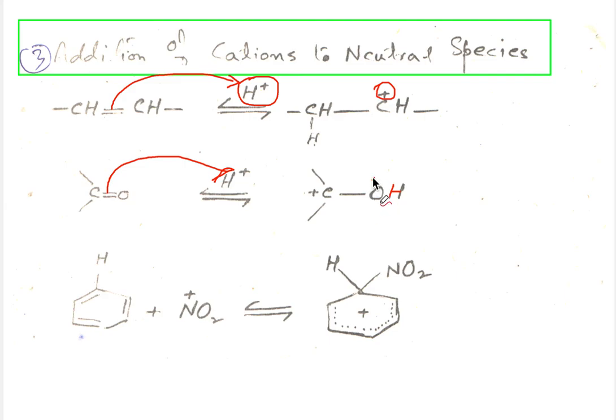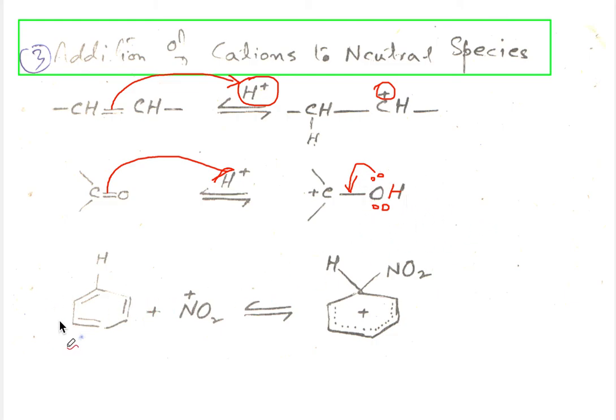Although electronegative, electron withdrawing groups destabilize carbocation, mesomerically oxygen can provide electron pairs to the electron deficient carbocation. So mesomerically it is favoring, but inductively it is disfavoring. The mesomeric effect is dominant in this case.